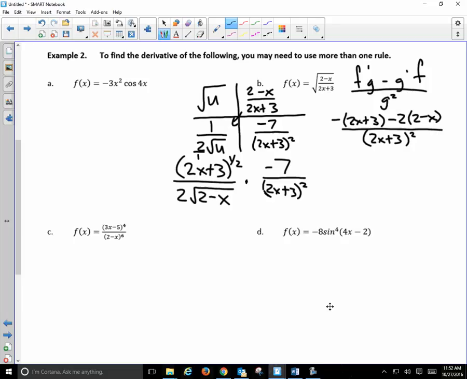They have the same base, so what do we do to the exponents? Subtract. And 2 minus 1/2 is 3/2. Will the 3/2 be in the numerator or the denominator? Denominator. So that will cancel, reducing that to 3/2. So I get negative 7 over 2 roots of 2 minus x times 2x plus 3 to the 3/2. That's my derivative.